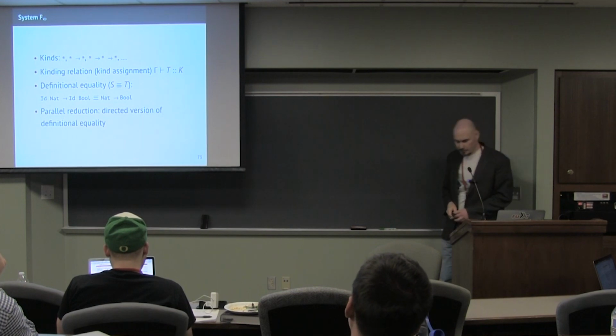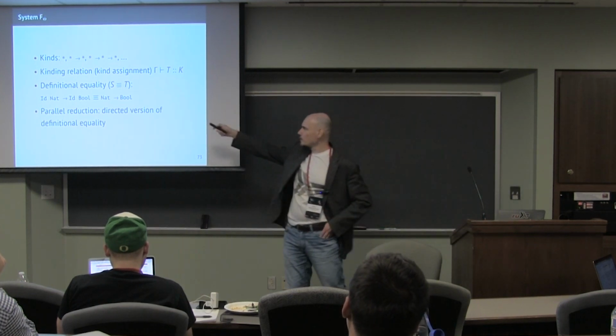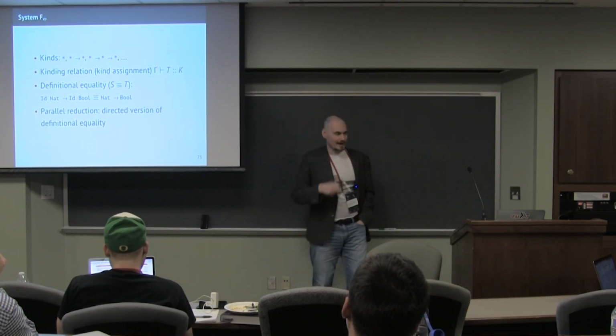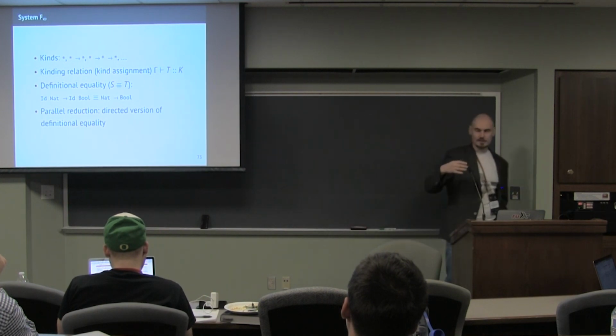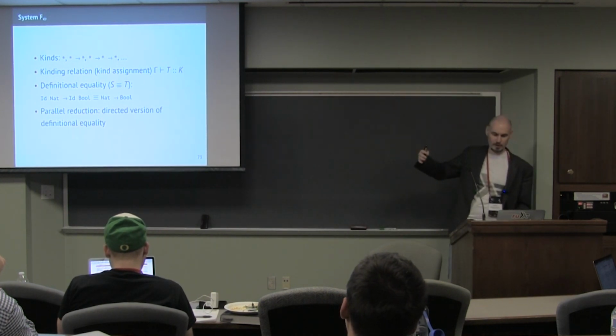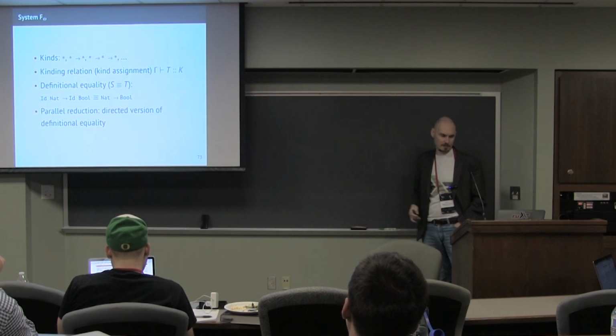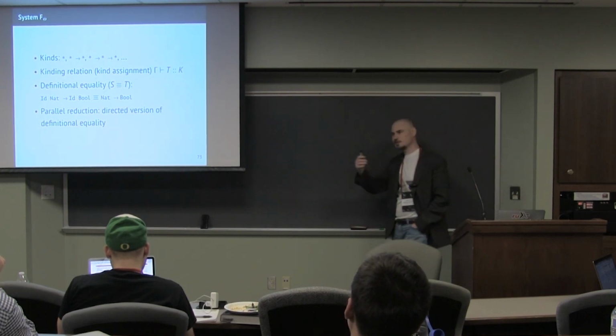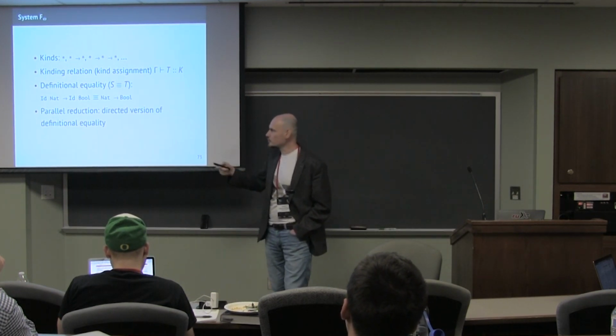In this system we have many kinds like this one. We also have a kinding relation. It's the same as the typing relation, but it works for classifying types. There is also definitional equality. It's equality for types like this one.